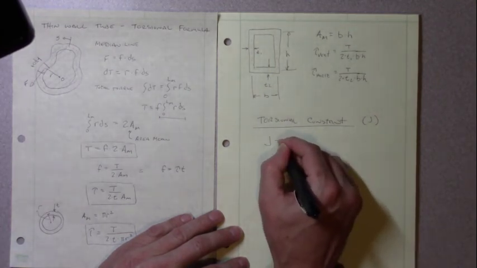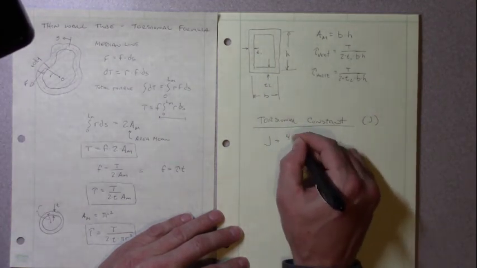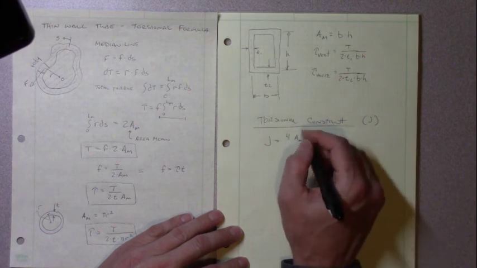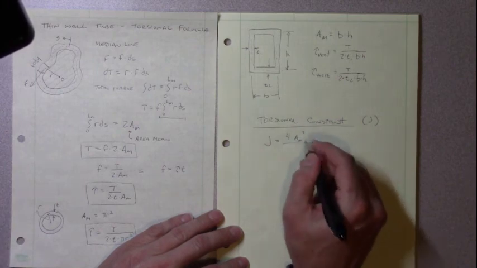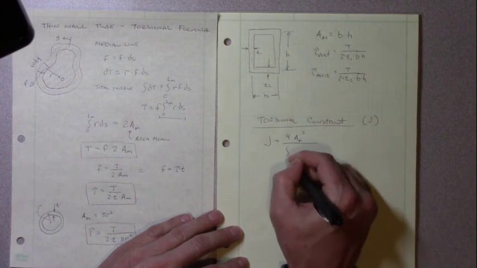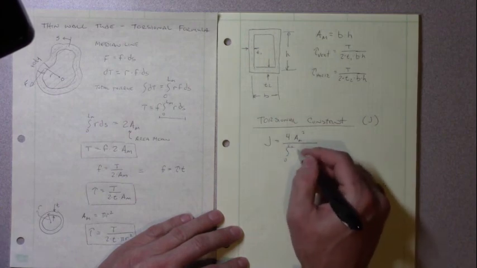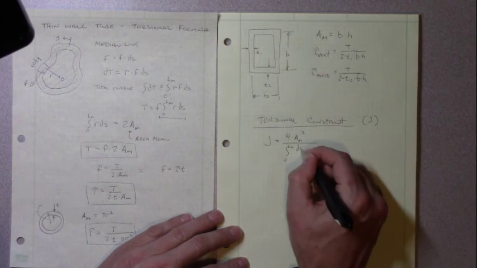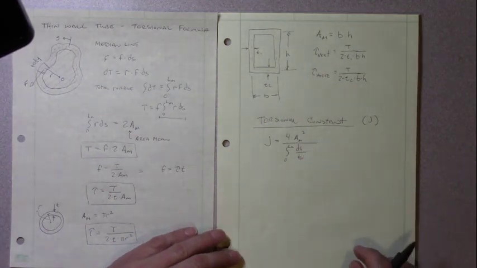So our J equation is going to be 4 times our area mean squared divided by the integral from 0 to L mean of ds divided by t. So this is our definition.